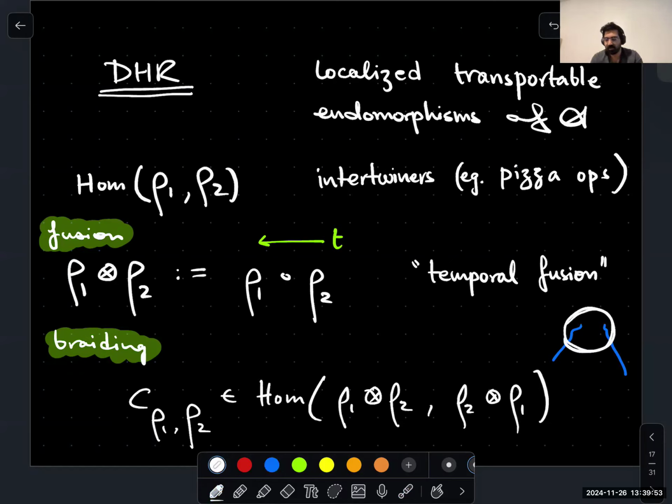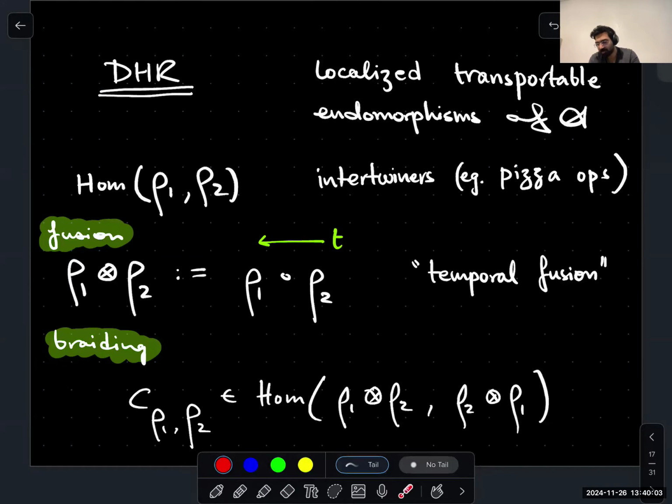So there's some spatial notion of separation, or lack thereof, and closeness. Over here, none of that. Our fusion is actually temporal fusion. You can think of this fusion as: I take this anion rho 2 first, and then I apply the anion rho 1. So you can literally have two anions sitting on top of each other, and they can also be fused.